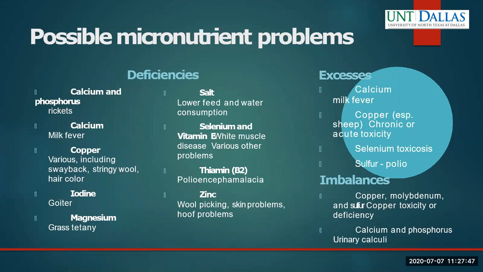So these are the different possible micronutrient problems. We already talked about how they affect animals and the different deficiency symptoms caused by the deficiency of these micronutrients and macronutrients.